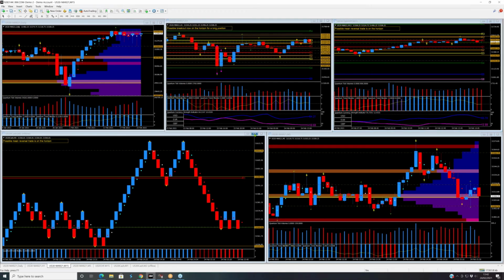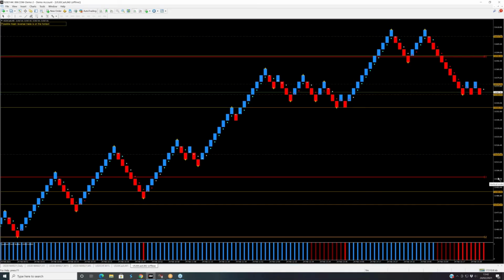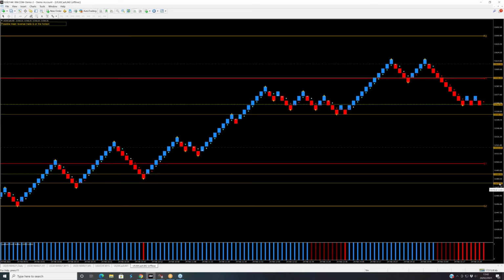The nice thing about this is our Renko chart that we have developed. This is the indicator that we've developed for the Renko charts on MT4. They are offline charts, so you have to create it, but you can add the indicators on in exactly the same way.